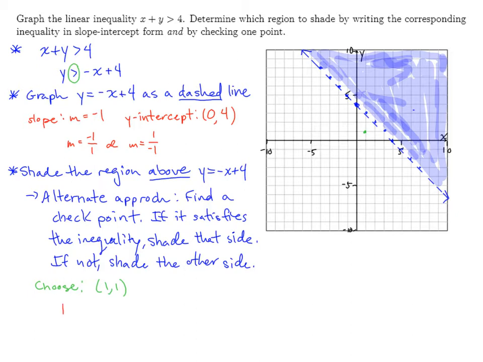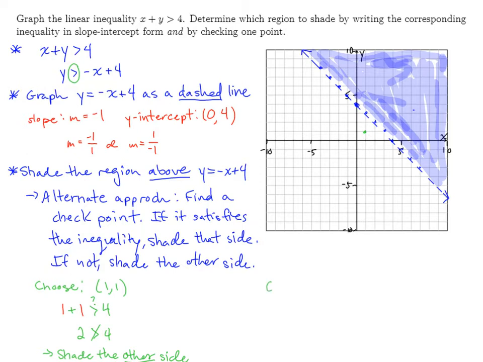So I'll have 1 plus 1, and I'm checking, is that greater than 4? So is 2 greater than 4? And the answer is no. So I would shade the other side. And as I can see from the shading I did before, indeed, I want to shade the other side that does not contain the point 1, 1.